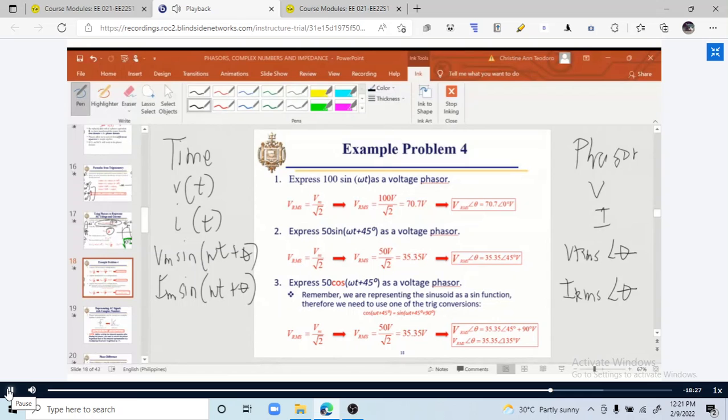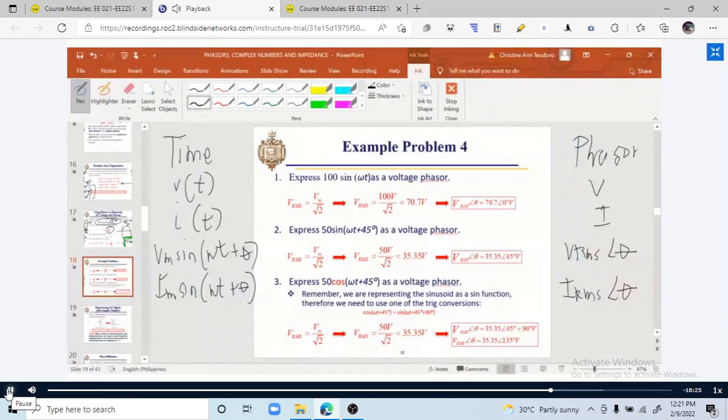If you are going to convert VM to VRMS, then at the end of the day you are again converting VRMS to VM. You just lengthen the process, but you will come up with the same answer if you just stick to the given itself.